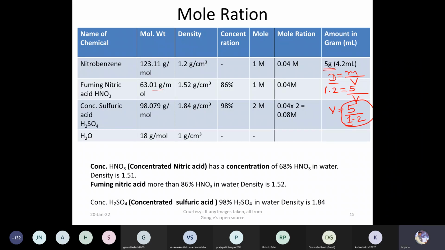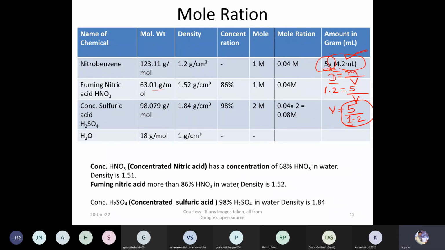Based on this, we will get the value 4.2 ml. So if I have to start the reaction with 5 gram, I have to take only 4.2 ml. Remember, don't take 5 ml. You have to take 4.2 ml nitrobenzene. Then the amount of that nitrobenzene will be 5 gram. I think you are familiar with this formula and I don't think any confusion is there.